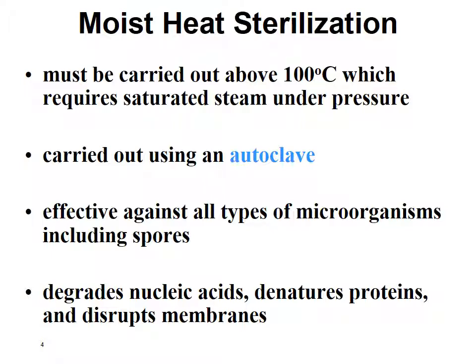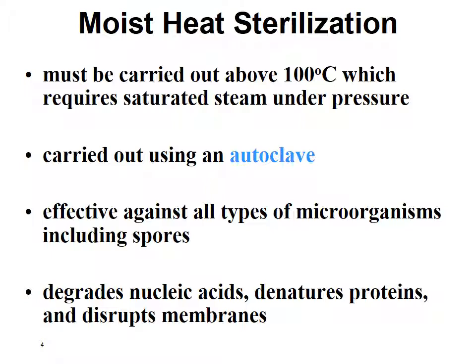Now, exposure to boiling water for 10 minutes is enough to destroy vegetative microbial cells and eukaryotic spores, but unfortunately the temperature of boiling water is not high enough to destroy bacterial endospores, which can actually survive hours of boiling.